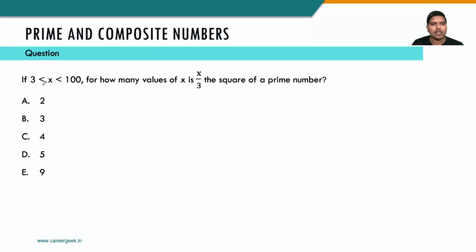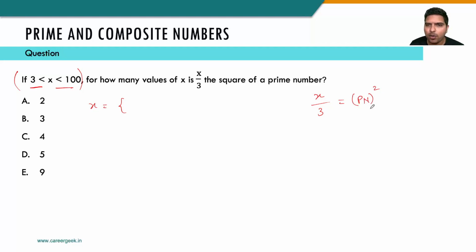If x is greater than 3 and less than 100, what do you understand from this? Greater than 3 can be 4, 5, 6 and up to 99. Now x can take decimals. If I just look at this statement, x can be 3.1 also. But if we go ahead: for how many values of x is x by 3 the square of a prime number? x by 3 is the square of some prime number.